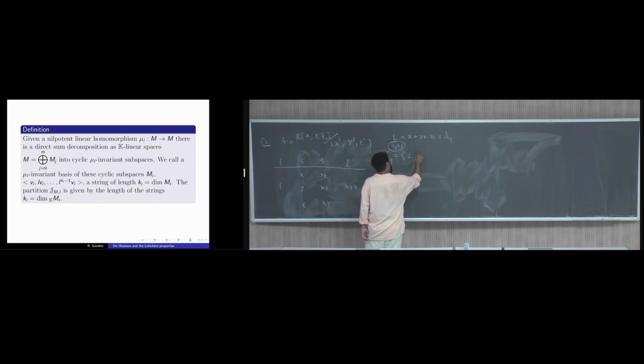Then 1 times L is L. Doing the computation of L squared, the x squared, y squared, z squared are 0, so it's 2 times (xy plus xz plus yz).